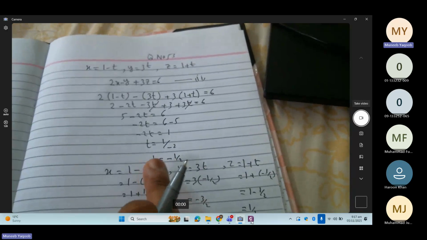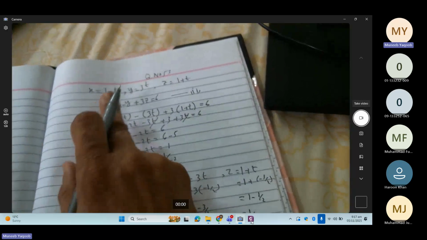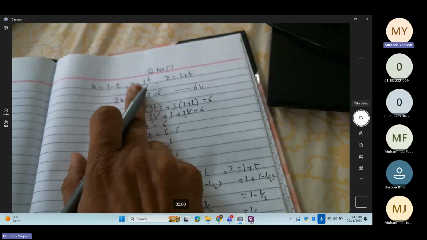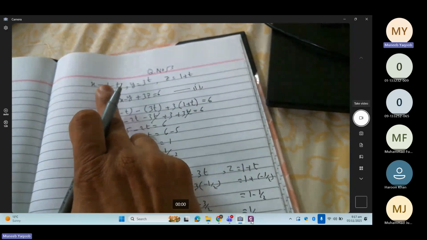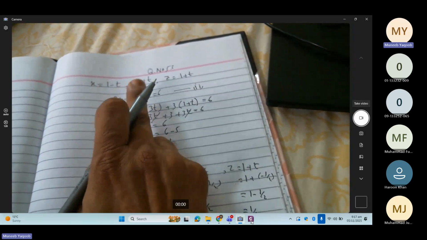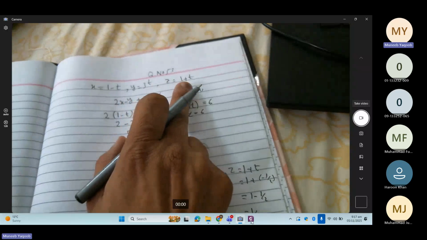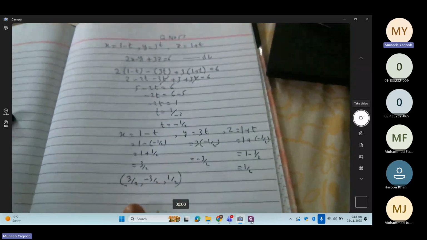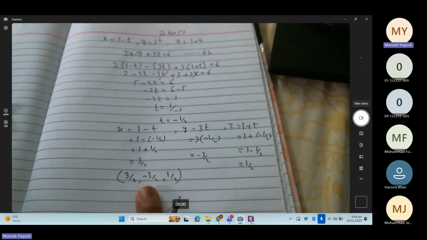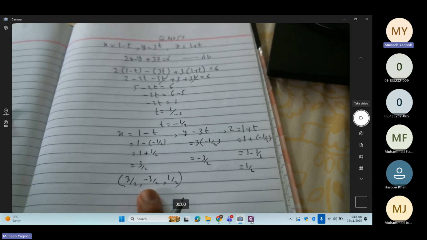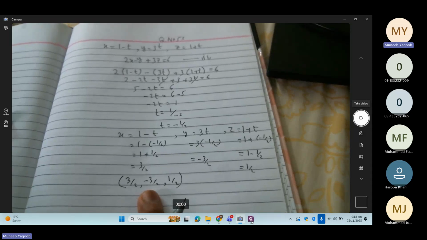Now using t equals minus 1 by 2, we can calculate the values of x, y, and z using the parametric equations x equals 1 minus t, y equals 3t, and z equals 1 plus t. So hence we found the point of intersection of a straight line and a plane.